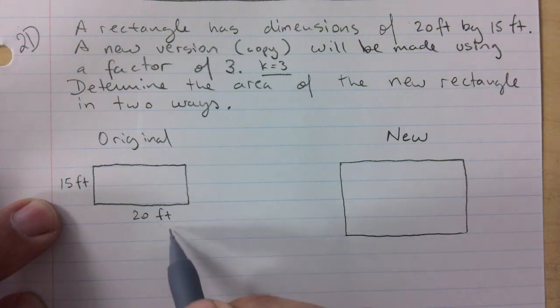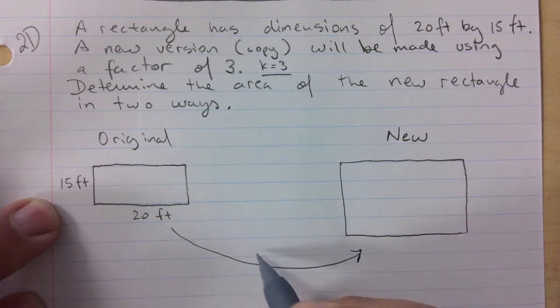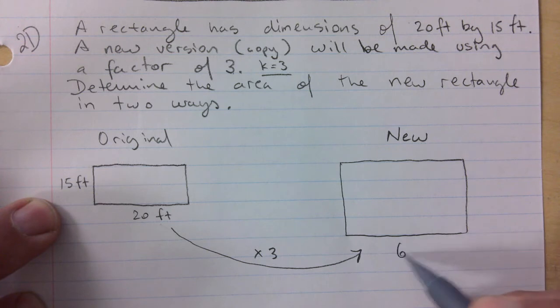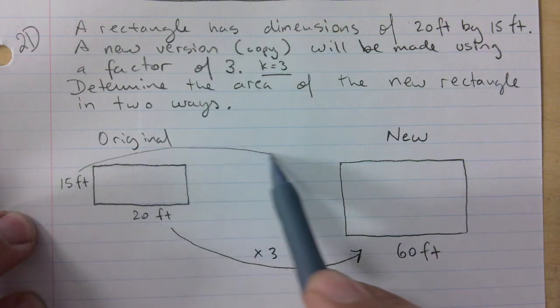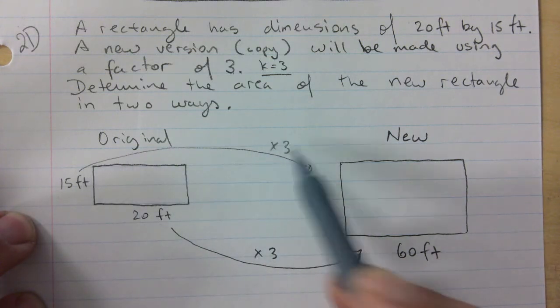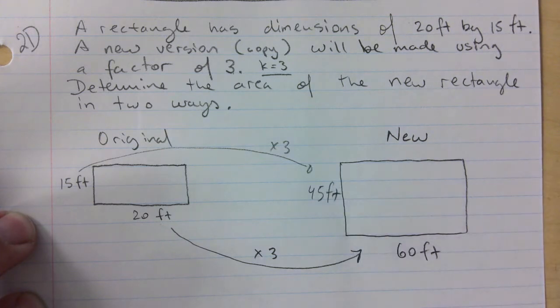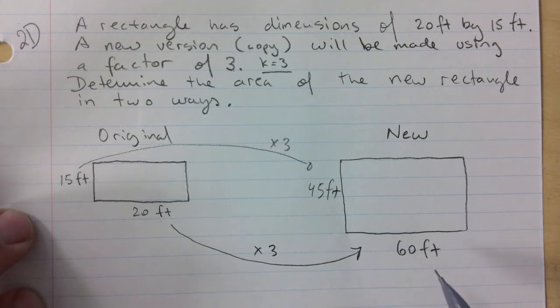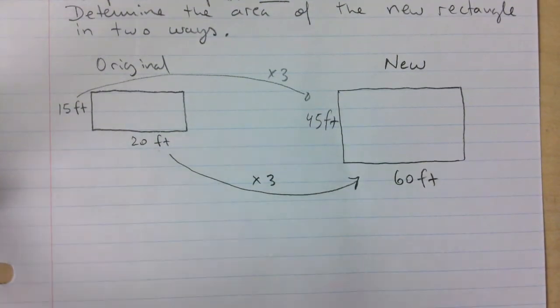So we take that, multiply it by 3, and you get 60 feet. And you take the width, multiply it by 3, and you get 45 feet. So you have both of your shapes right there.